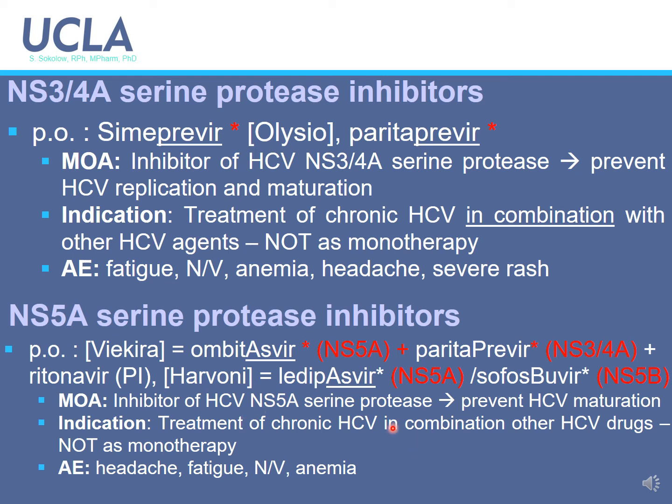So they are used for the treatment of chronic Hep C in combination with other Hep C drugs. You see here you have the combo, and they are not effective as monotherapy, just like the NS3/4A inhibitors. Adverse effects: headache, fatigue, nausea, vomiting, and anemia.